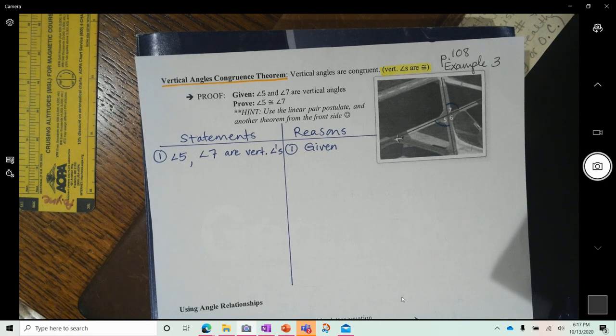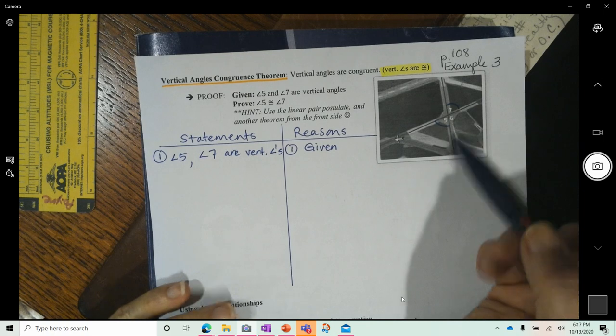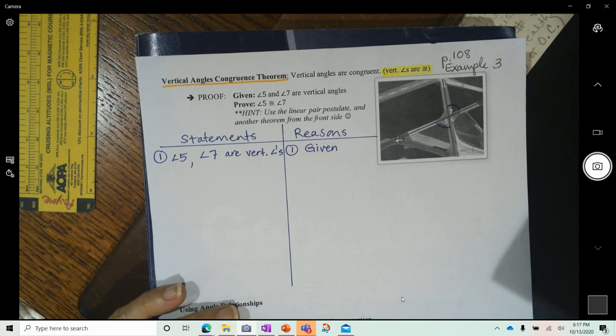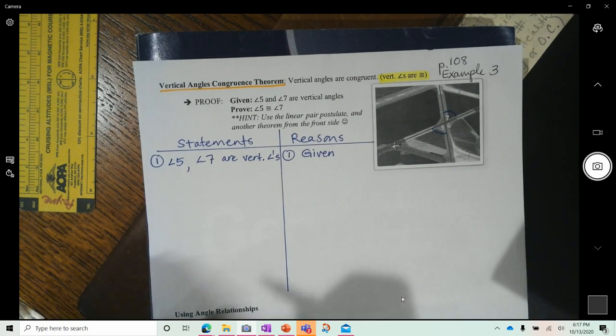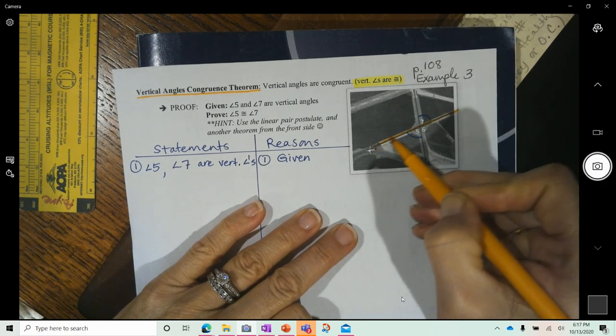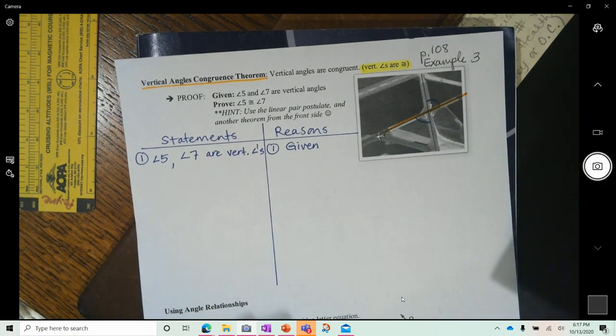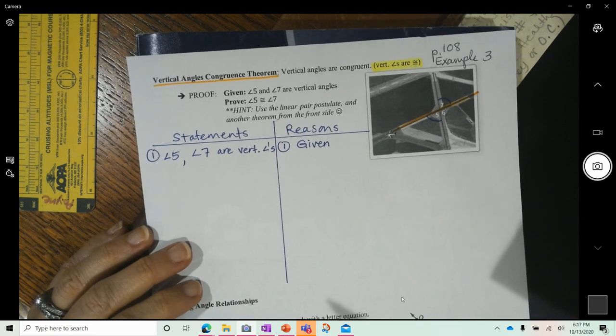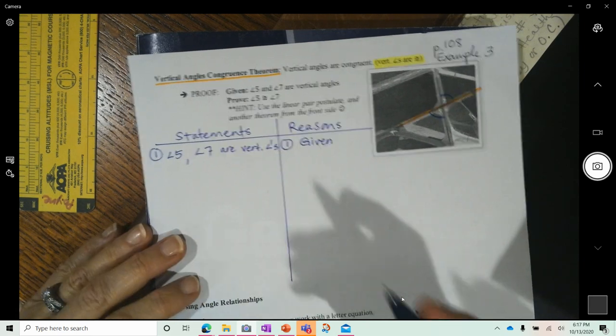Okay. Now, what else I can do is I can look at my picture here and notice that this is a straight line. Therefore, 5 and 6 form a linear pair.